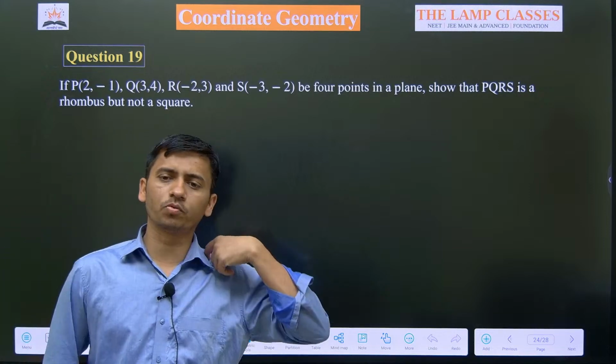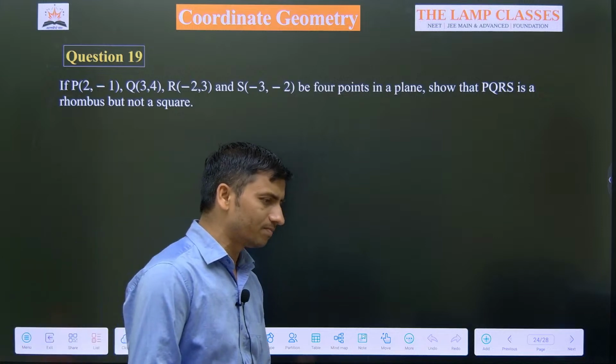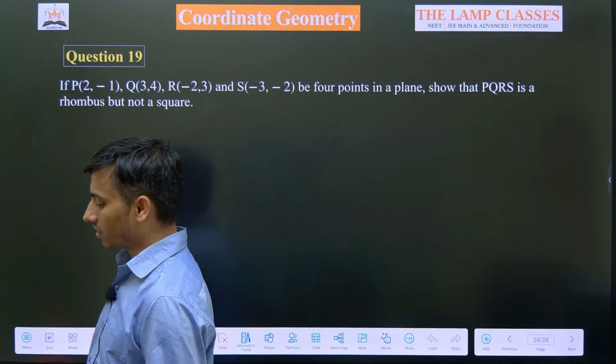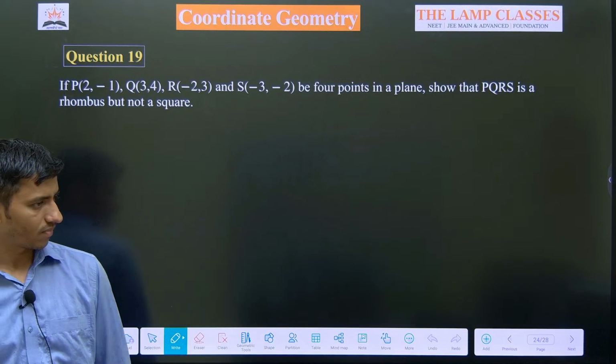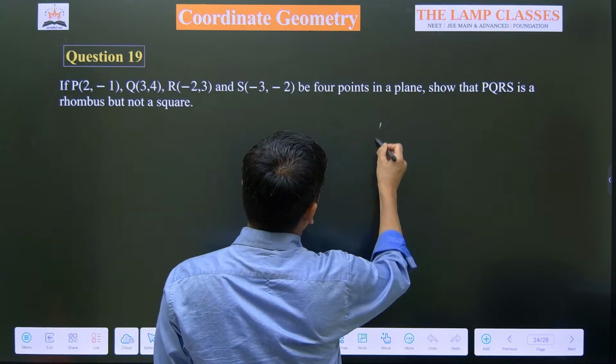Right, so if we have to prove that it is a rhombus, we can prove all the 4 sides are equal, and also we can check the angle. If Pythagoras theorem does not satisfy, then it's going to be a rhombus only, right? So if you want, you can make the diagram.